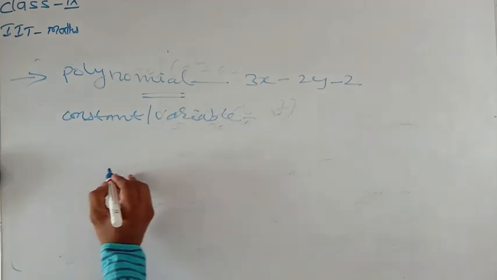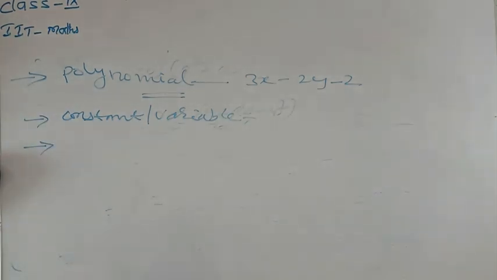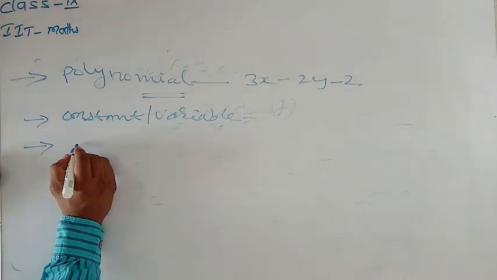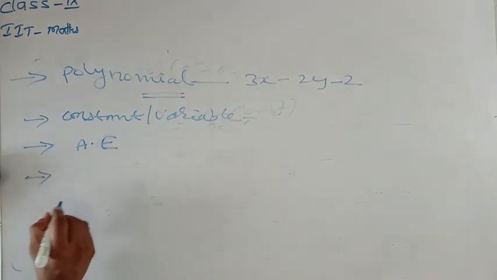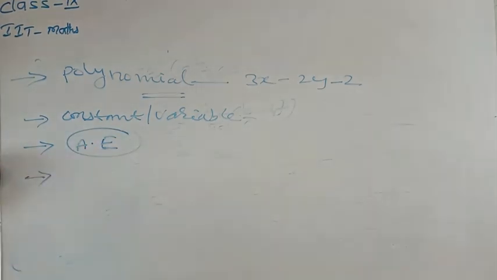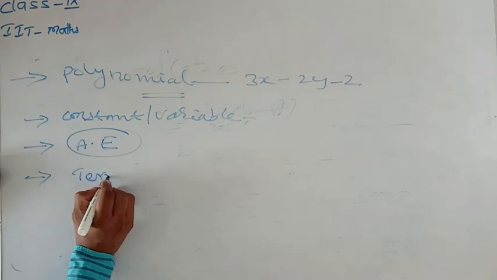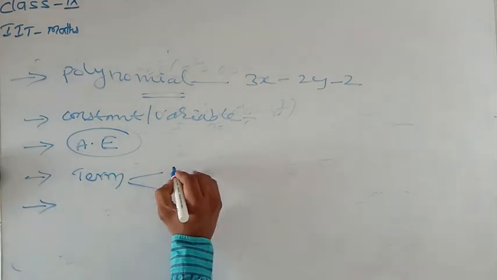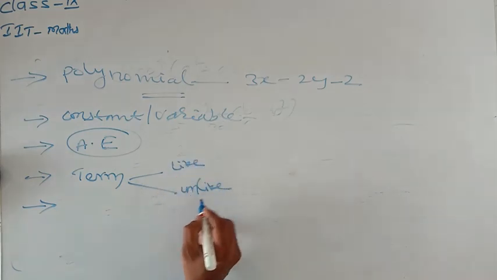The combination of constants and variables by the basic mathematical operations is called an algebraic expression. Based on this, any part of an expression separated by addition or subtraction is called a term. And terms are divided into two types, like terms and unlike terms.